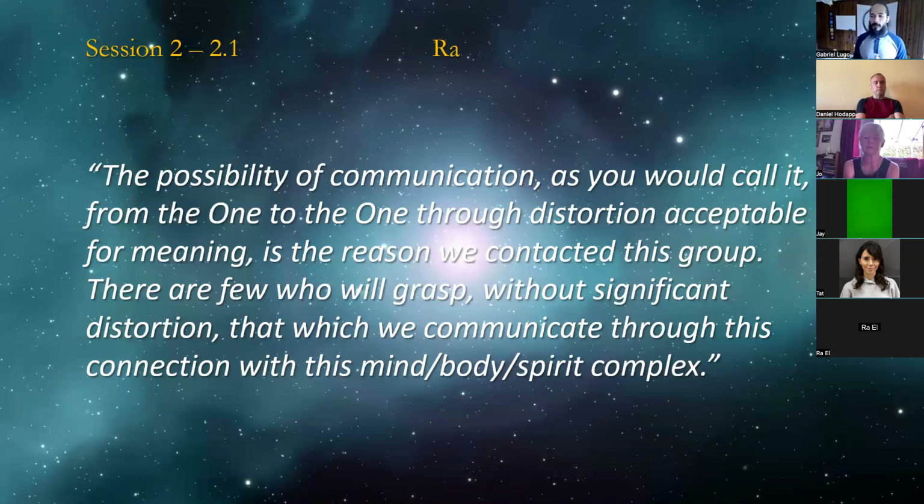So few will grasp this message, this understanding, without too much distortion, or what other word can we use here? Deviation, or just straying away from the pure meaning. Does that make sense, Joe?